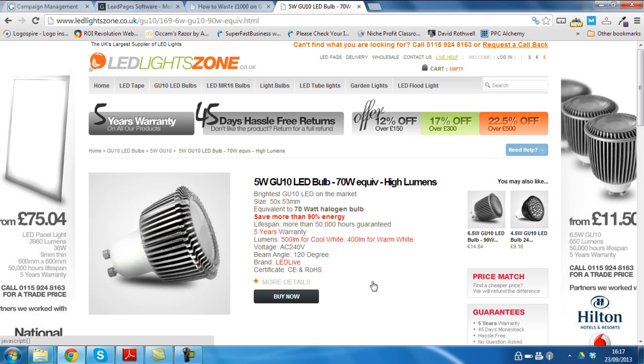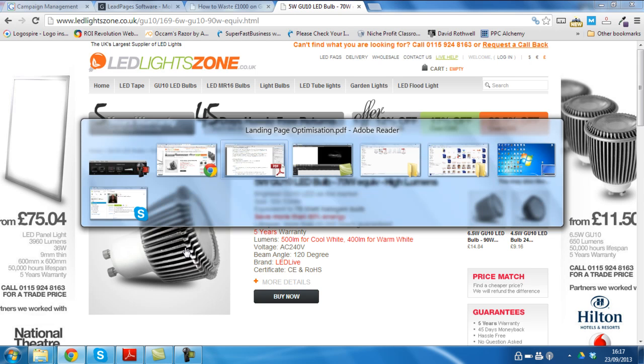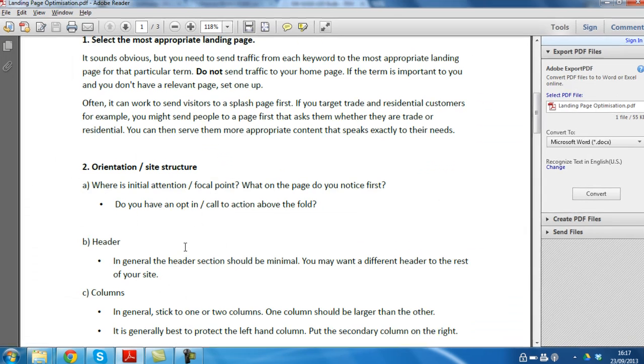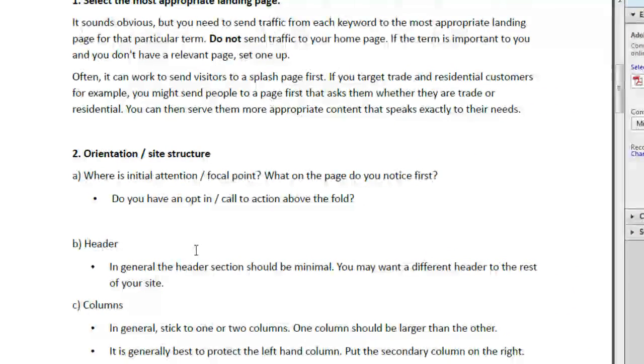If anything, the focal point is probably this bulb, which is good because that's the product that I would be interested in buying. But there's a lot of other things on the page that are taking attention away from the focal point. So just think at the moment that your landing page should have a focal point, and that focal point should be relevant to the action that you want people to take.